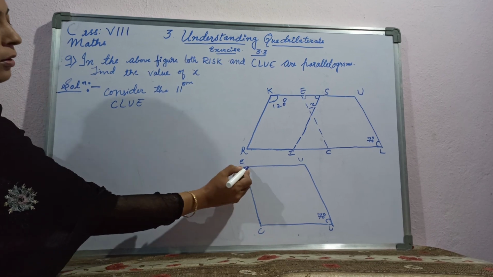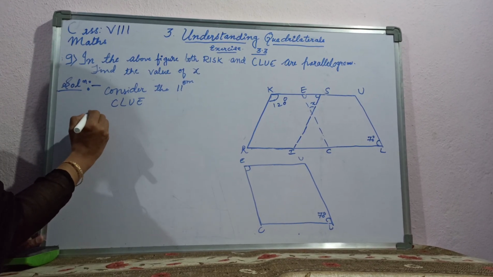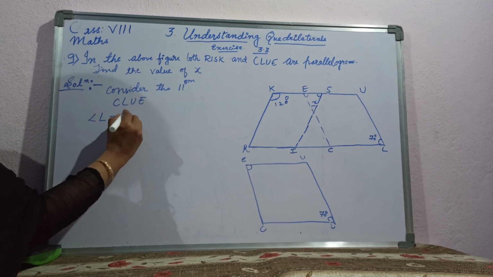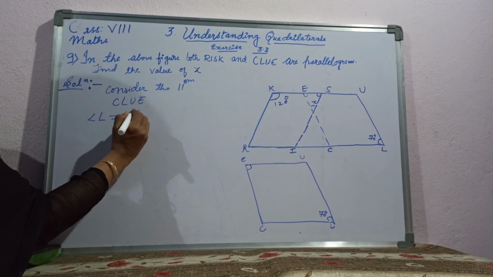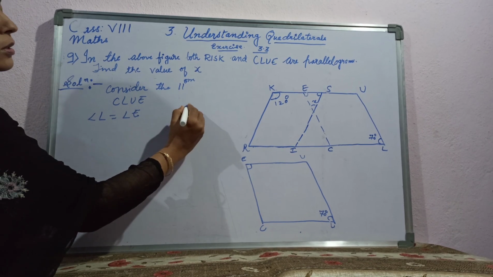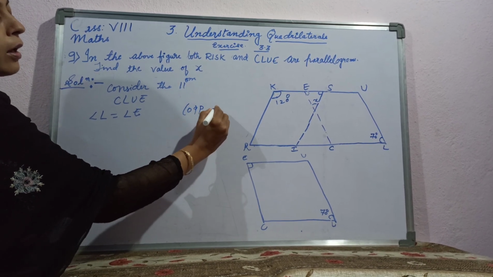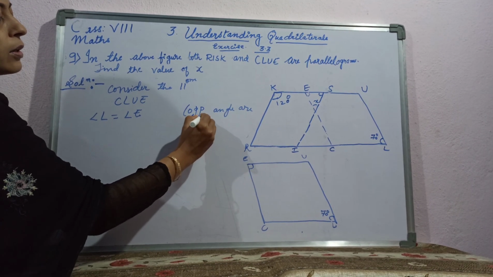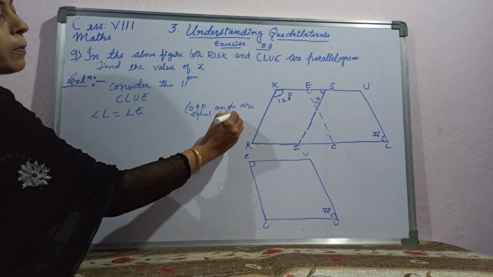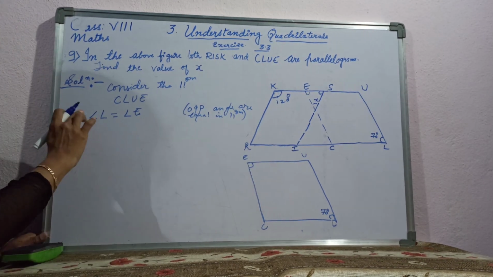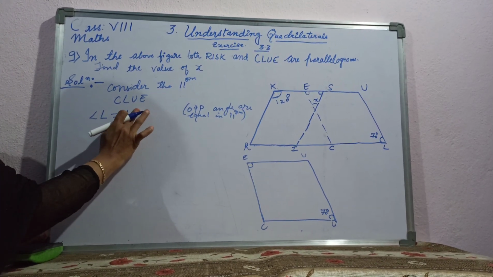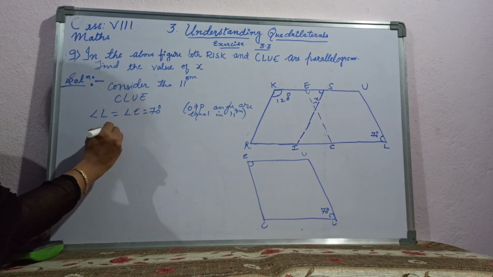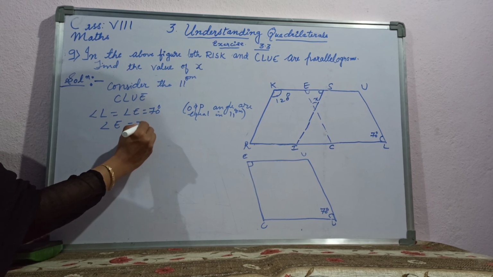So therefore, as we know, angle L will be equal to angle E. This is on the basis of opposite angles are equal in case of a parallelogram. We know this property very well. So therefore angle L is equal to angle E, that is equal to 70 degrees. So therefore angle E is equal to 70 degrees.